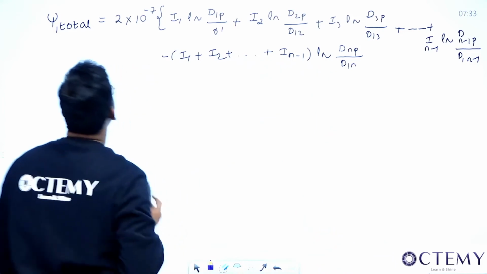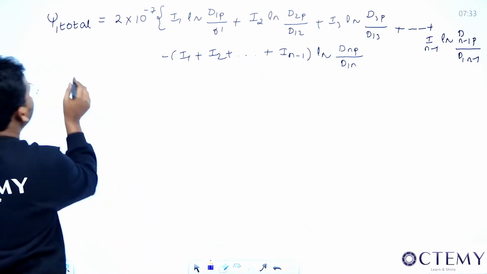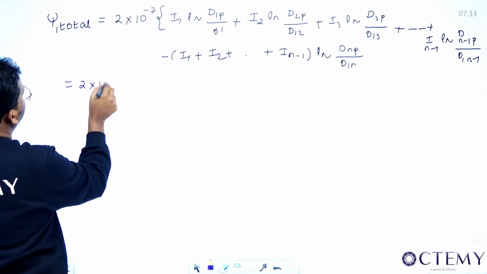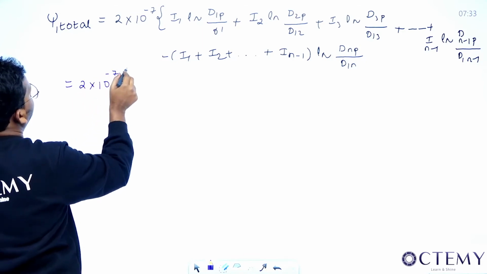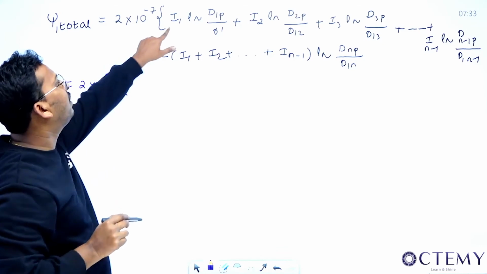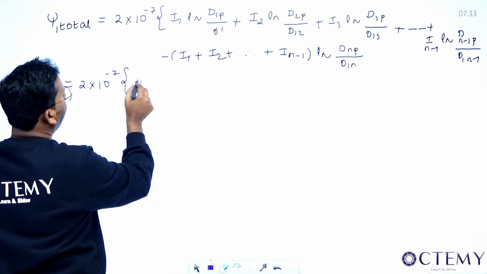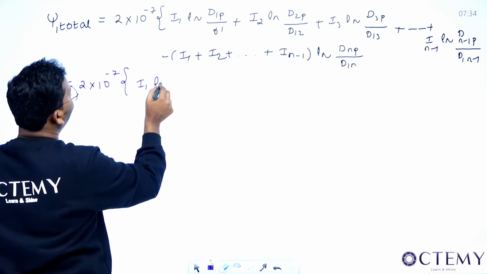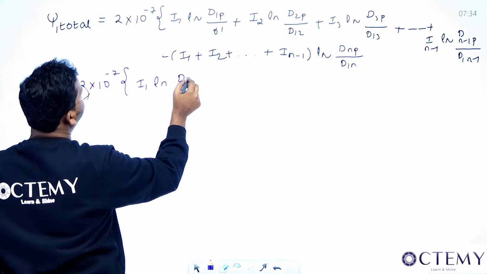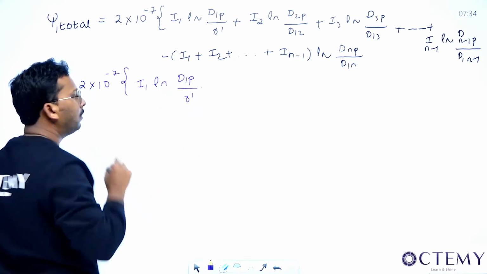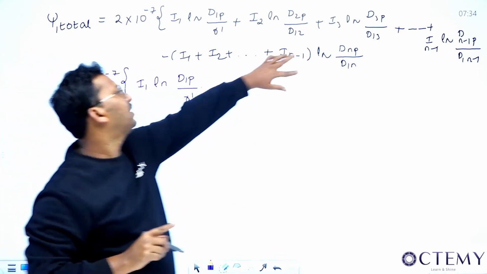Yeah. So if you see here, now what can I write, sir? I can write this as 2 into 10 power of minus 7 into, so you have I1 here and I1 here. So this would be I1 into ln d1p divided by r dash into, because this is a minus sign, first invert this fellow.